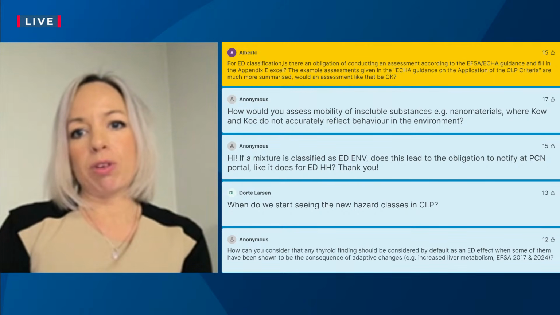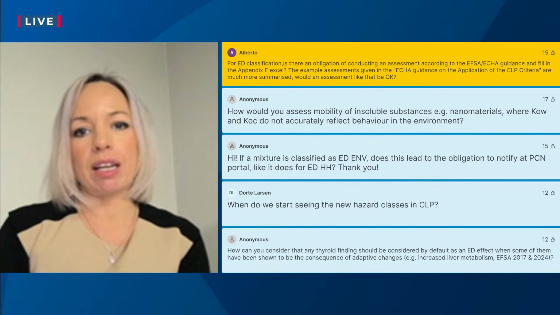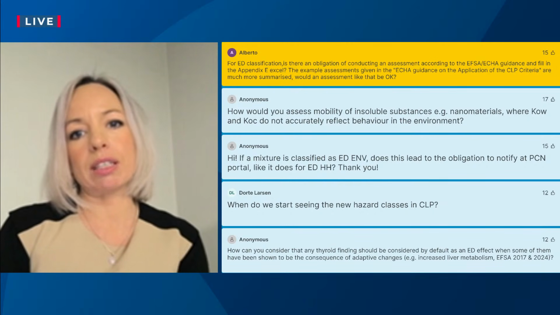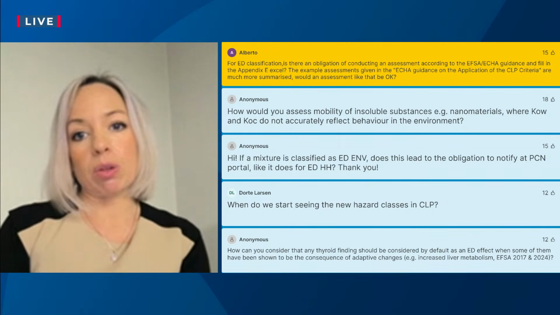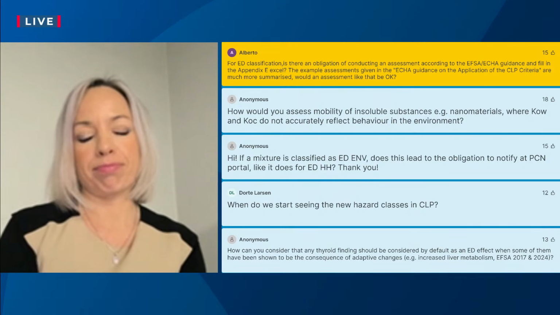And on the other hand, for PPPs and biocides, there are also these combined templates already available, how you see how to assess the classification. So this might be helpful for that kind of assessment and for classification. Thanks. Thank you very much.